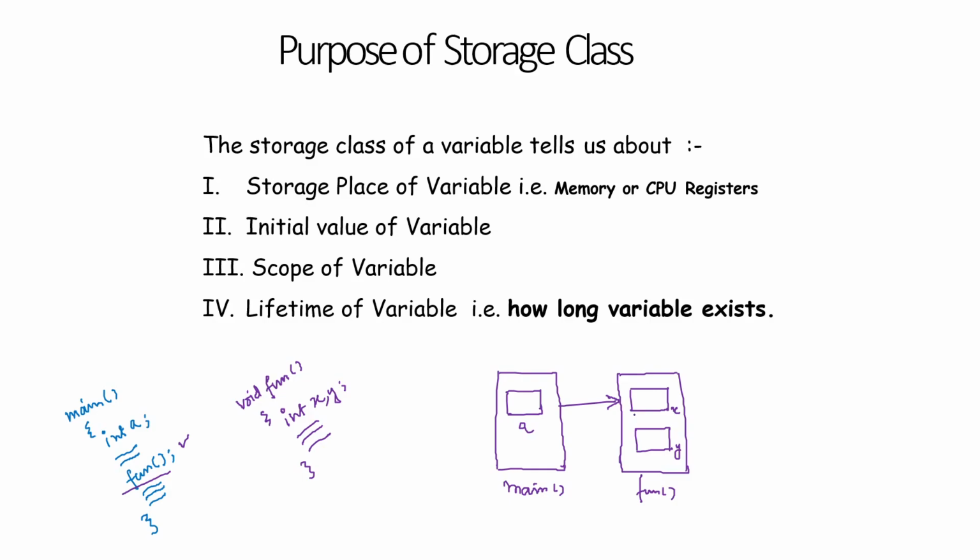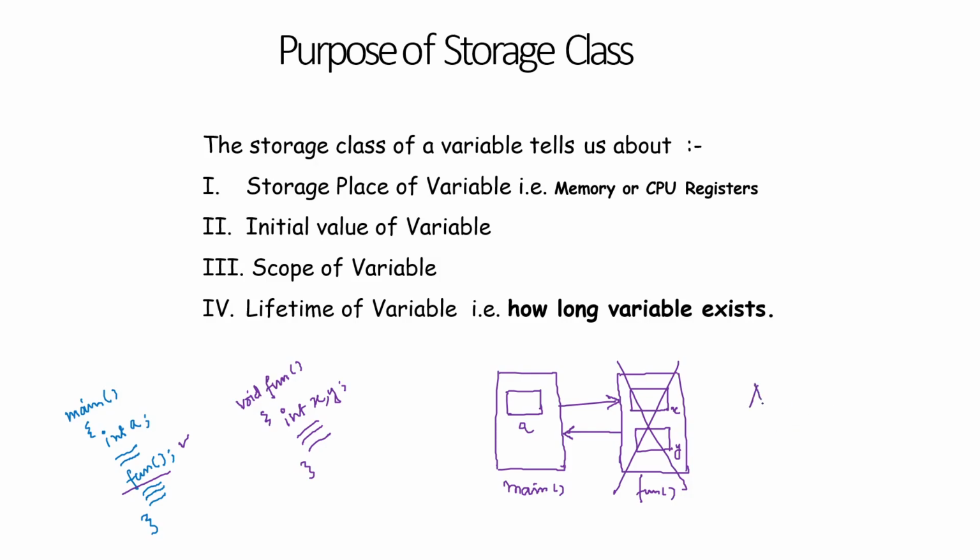Always remember, since function fun only gets the memory when it is called, in a similar way when the function fun returns, the control returns from fun to main, then the memory for the function fun is deallocated.